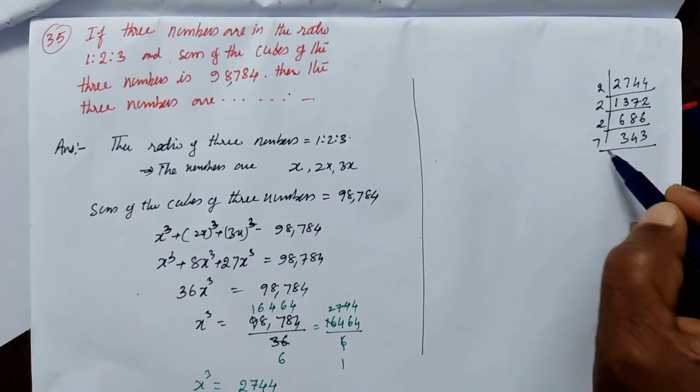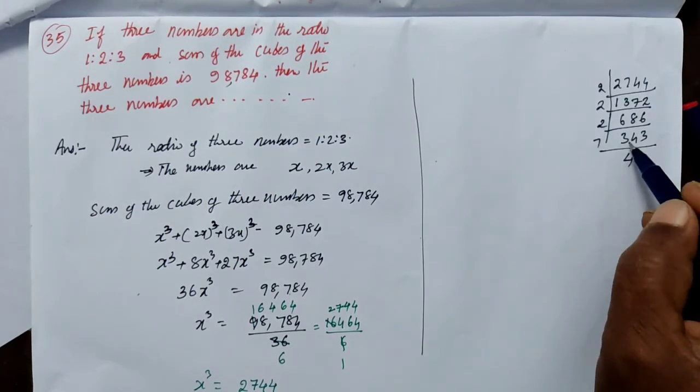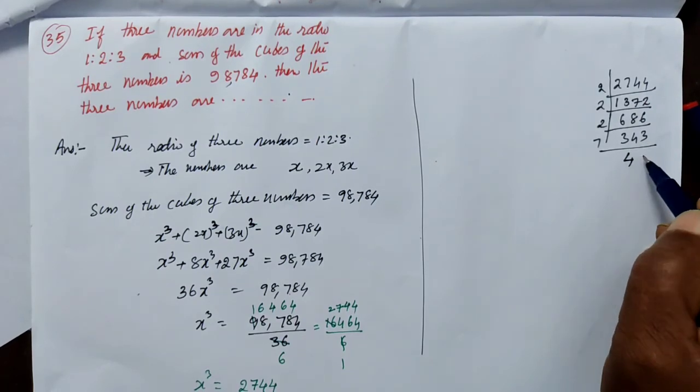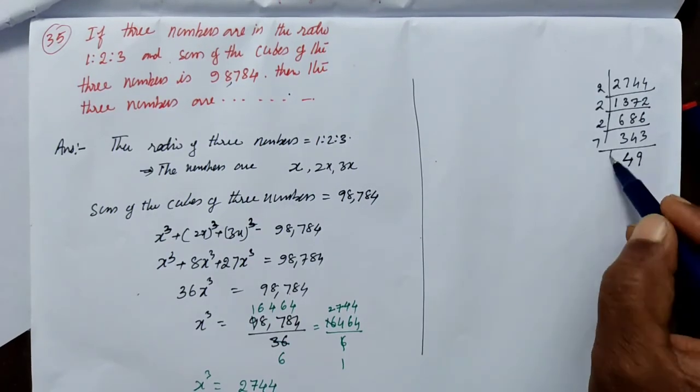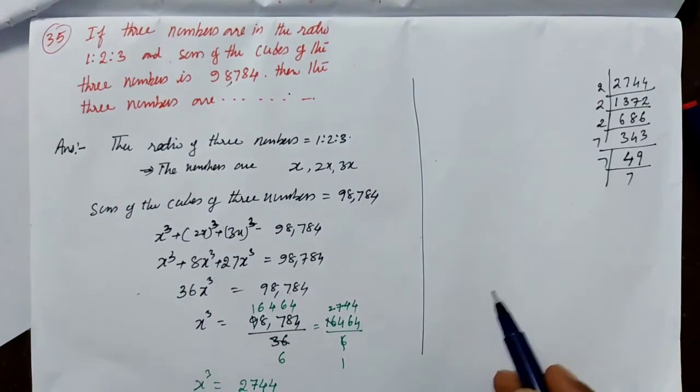Now 7 fours are 28, 7 nines are 63, 7 sevens are 49.